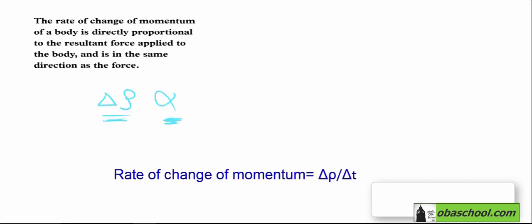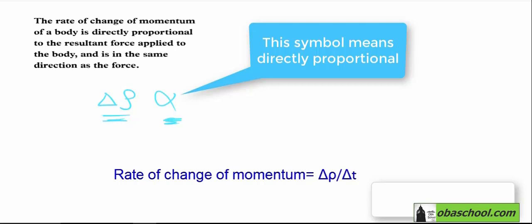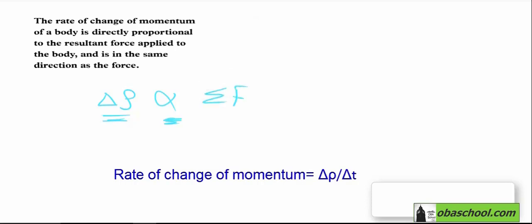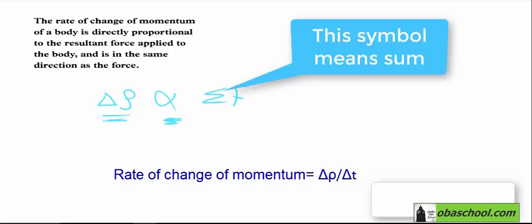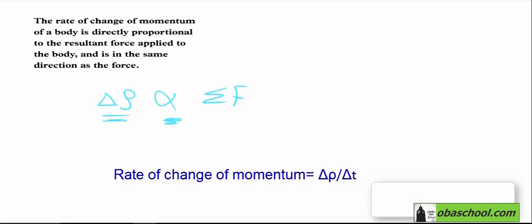It is directly proportional, as we can see in this symbol right here, to the resultant force, the sigma F, which is the sum of all forces that are working on the same exact body.